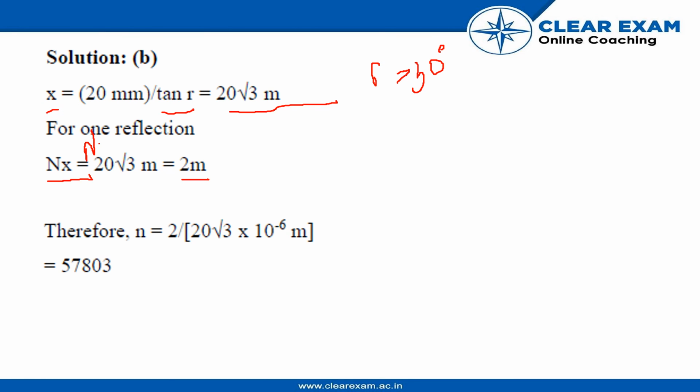N into x is equal to 2 meters, therefore n will be 2 divided by 20√3 into 10 raised to power minus 3. So when we solve this, we'll find the value of n will come out to be 57803. So the number of reflections will be 57803.